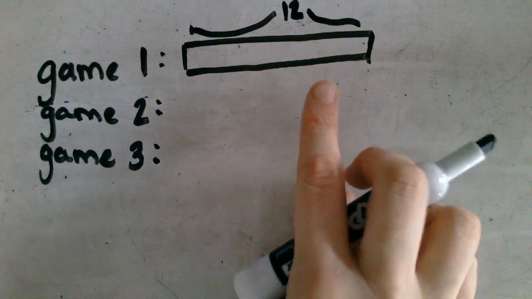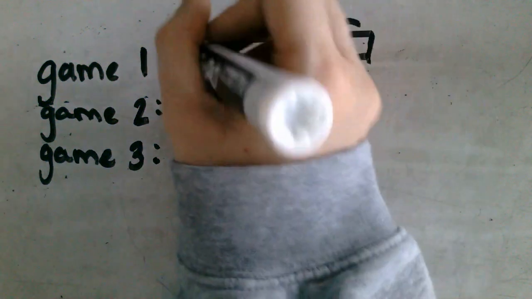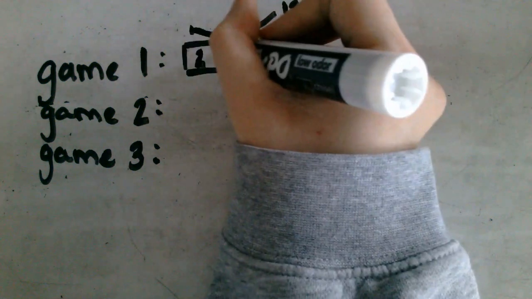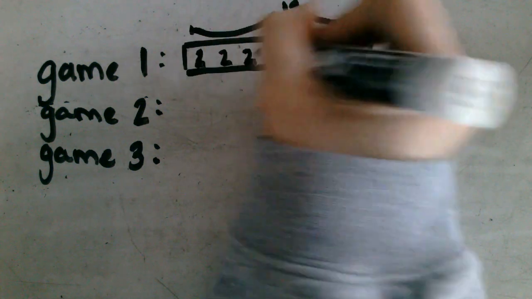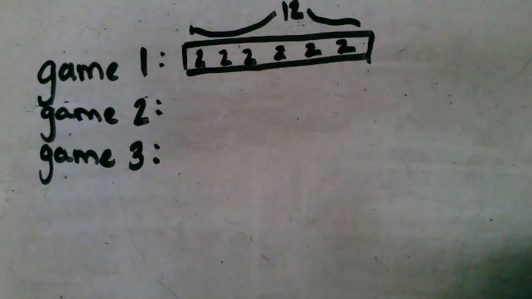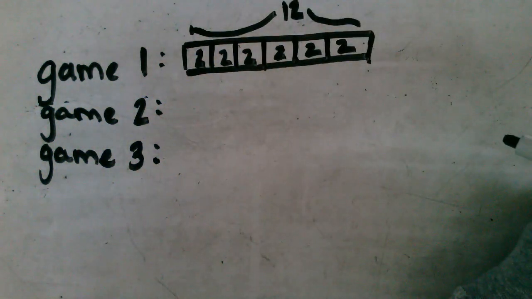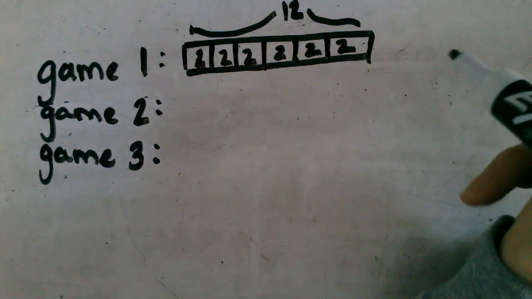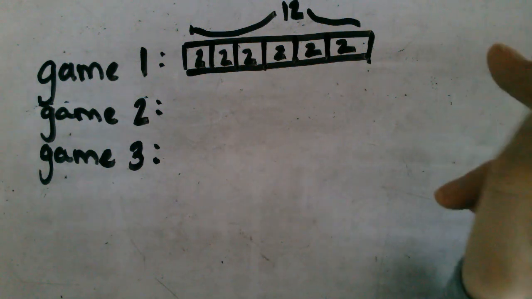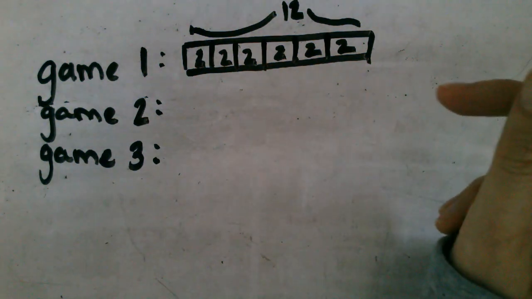If we were going to split 12 up into equal groups of 2, let's just count by 2 until we get to 12. 2, 4, 6, 8, 10, 12. Now let's split those 2's up to create our strip diagram. Now remember, we are looking at how many total units of 2 does it take to represent the points she scored in all 3 games.